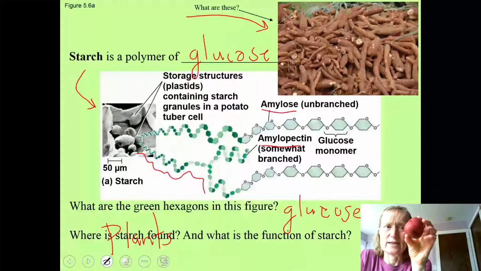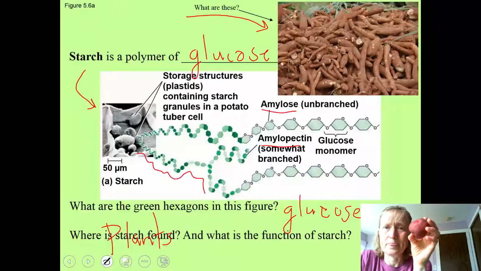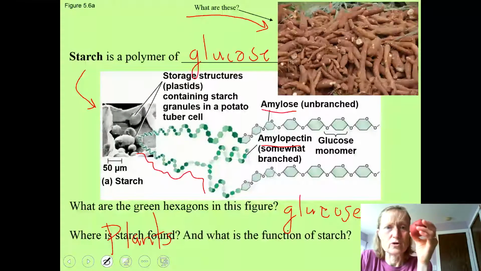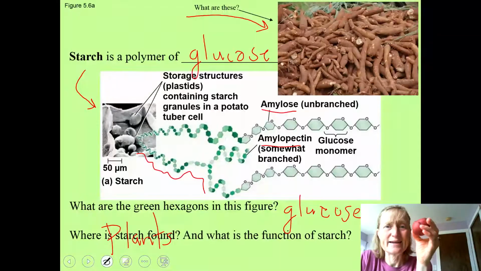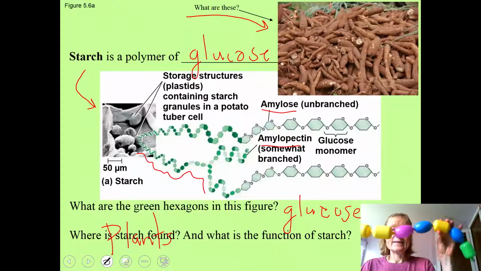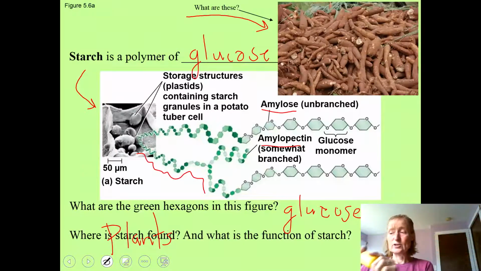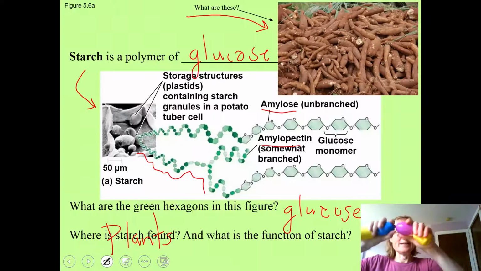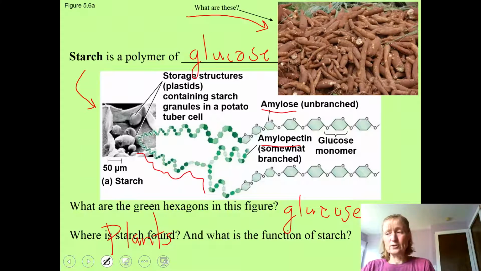It grows a starch-rich potato as a source of stored energy so that it can, next year, when it starts to grow again, take the starch, break it into smaller pieces, and use those pieces as sources of energy, right? Break down my starch and use it as sources of energy.